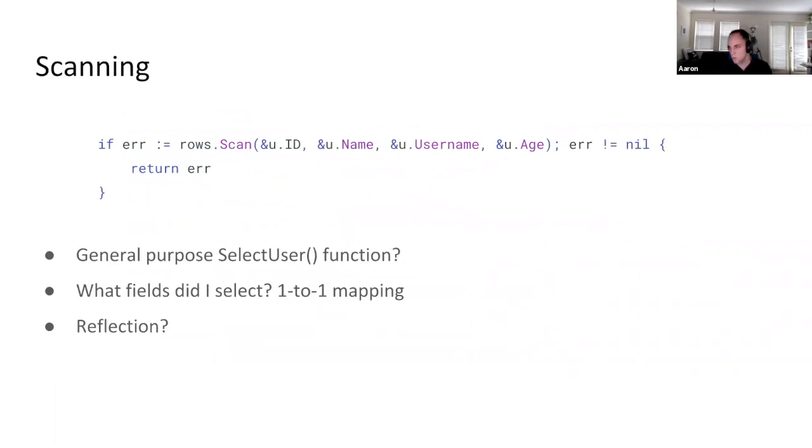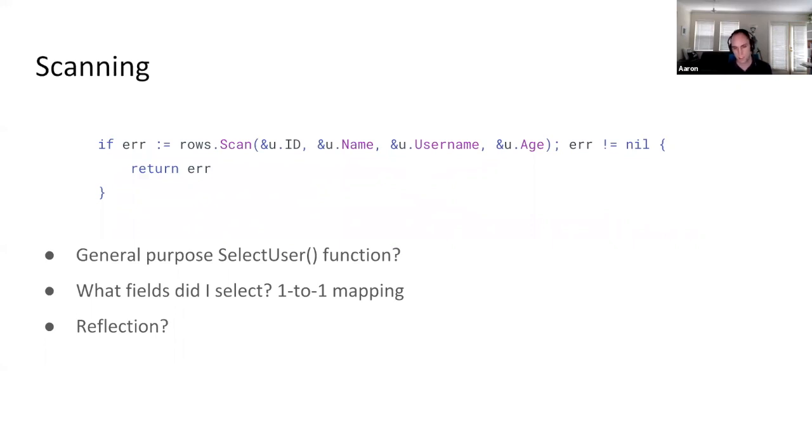So the scanning thing, well, what was wrong with the scanning? It's really difficult because you're probably going to have the impetus to create your own function to scan a user back out of the database. But the problem is when you try and create a select user function, you need to have the perfect list of scan arguments.